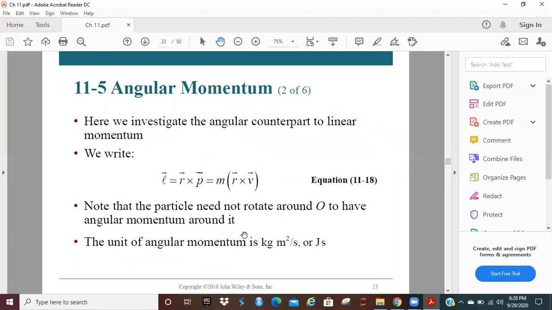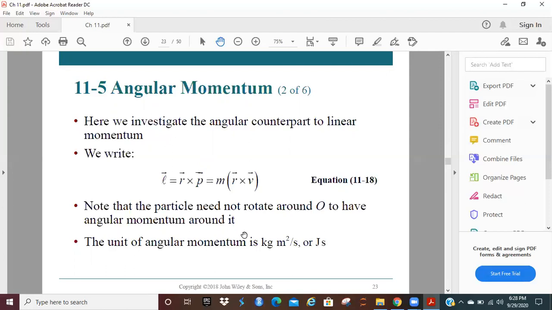Angular momentum. Up to this point, we've seen where several different components of linear motion have a counterpart when it comes to rotational motion, and momentum is no different. So how does one compute angular momentum? Well, angular momentum is r cross p.